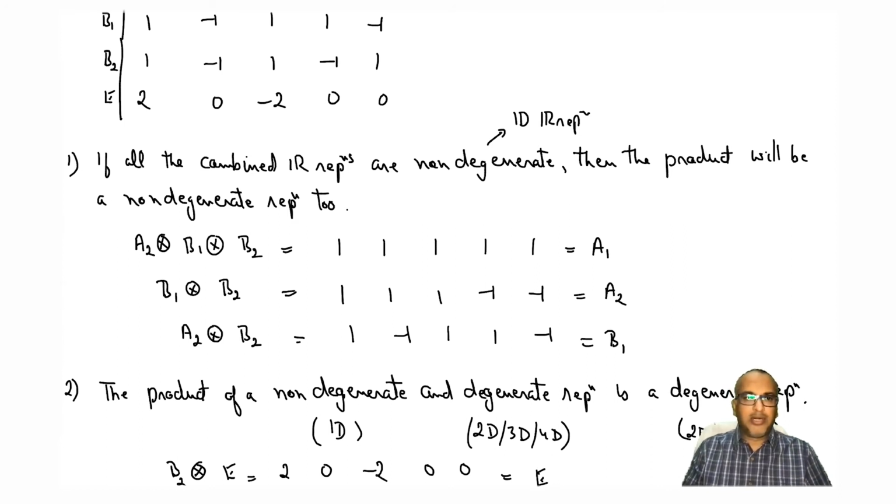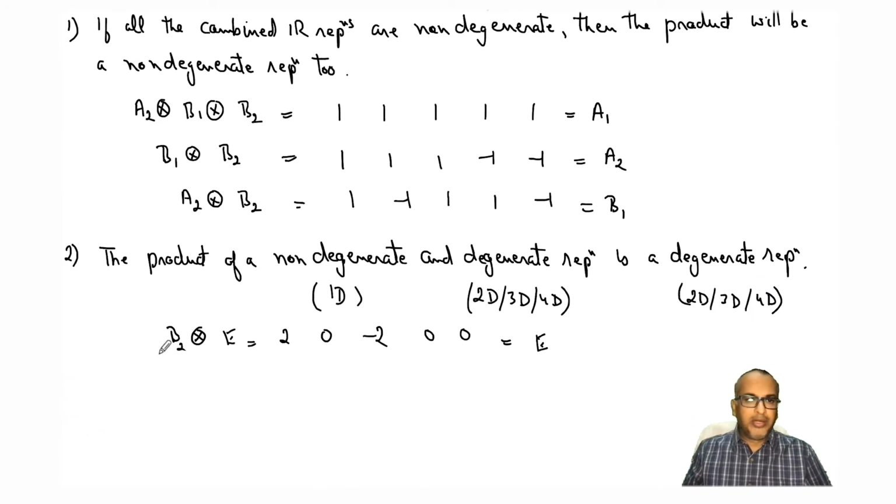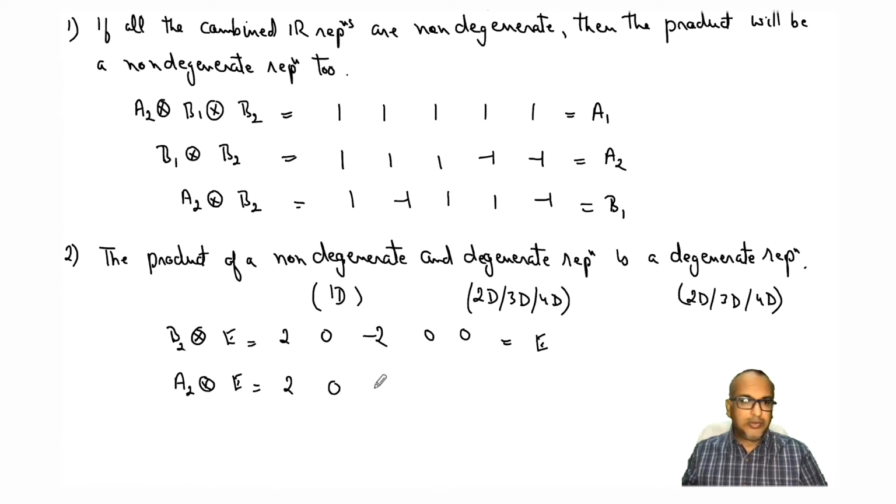So let's take another example here. Let us say if we have A2 direct product with E. So A2 is 1 into 2. So you have 2. Again 1 into 0. 1 into minus 2. Minus 2. And minus 1 into 0. Minus 1 into 0.